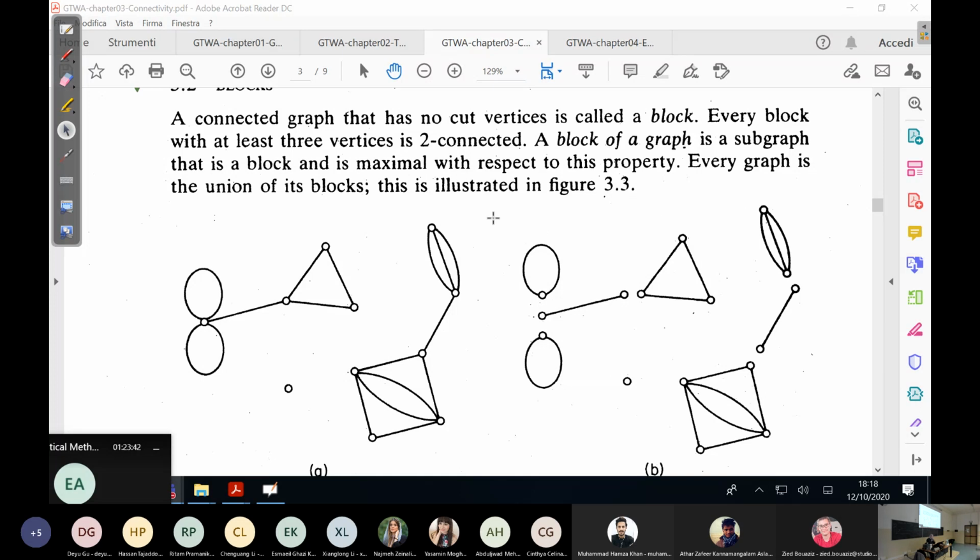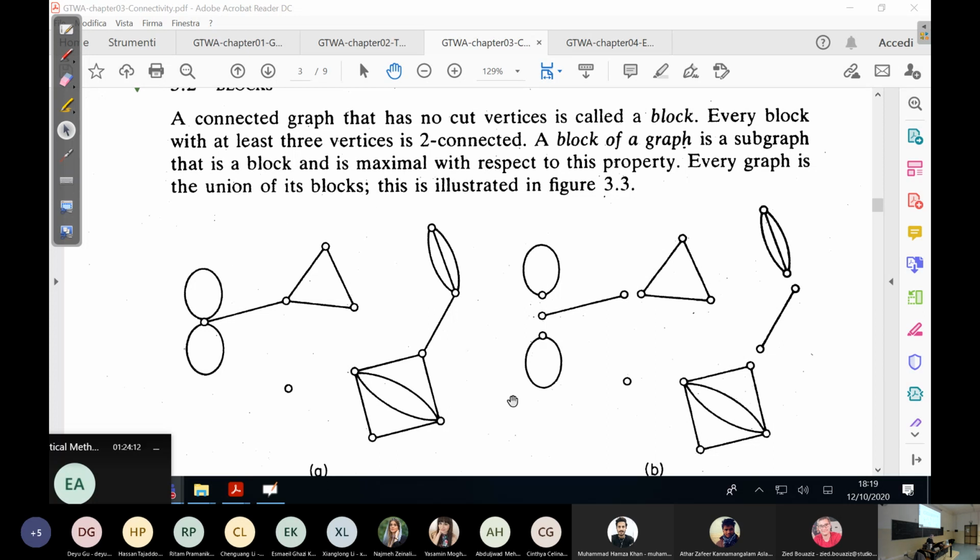It is not an equivalence relation, so the blocks are not disjoint from each other as are the components. The components are disjoint from each other, okay? So if you have two components, there is no vertex in common, no edge in common. If you have blocks, you may have a vertex in common between different blocks.